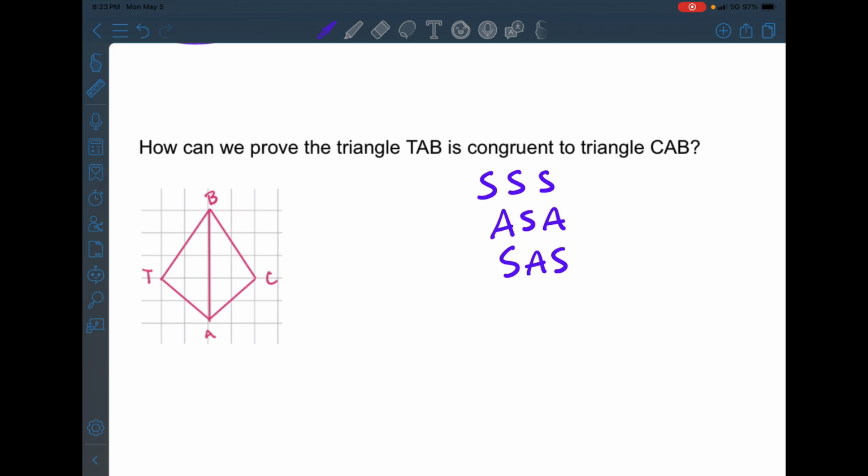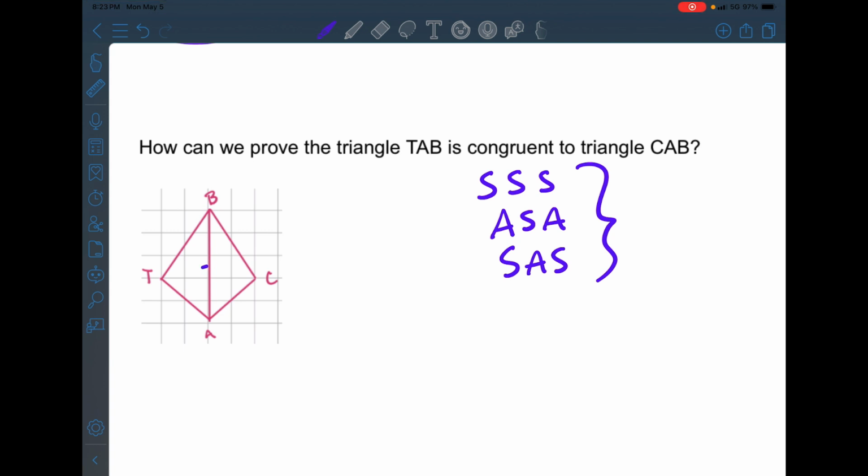So in this question, they'll give you some choices. So it's a multiple choice question. And in each multiple choice, they'll give you, like, this angle is congruent to this angle, or this side's congruent to this side. And we have to then see if it would make one of these.